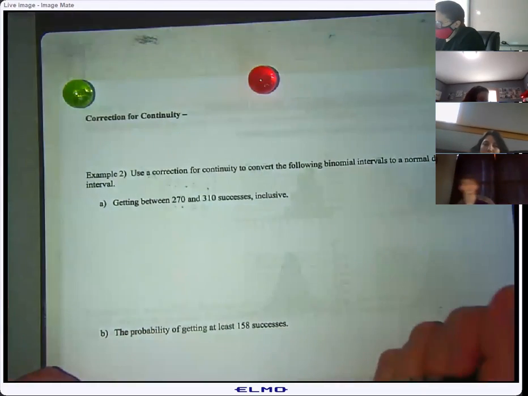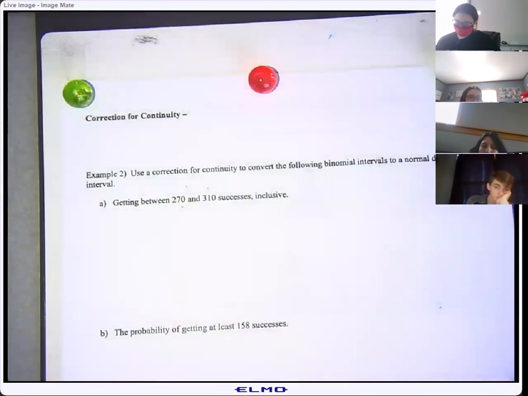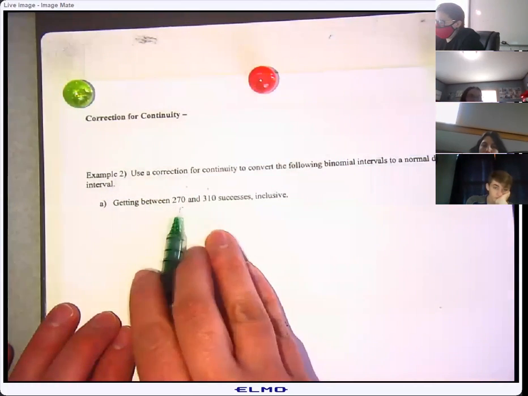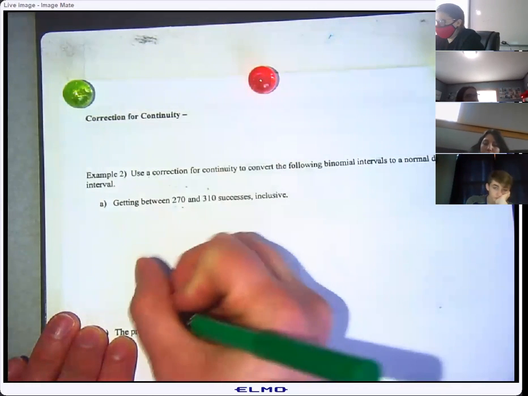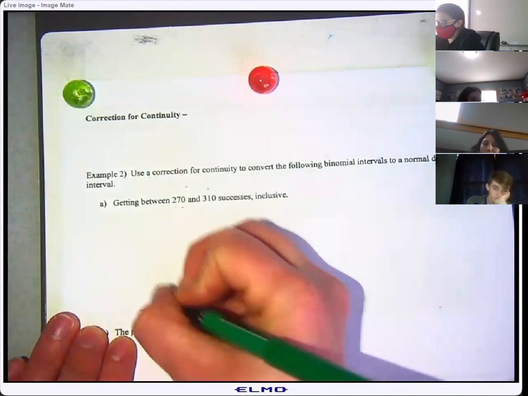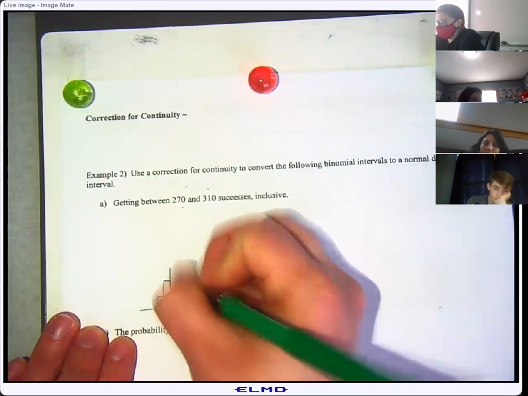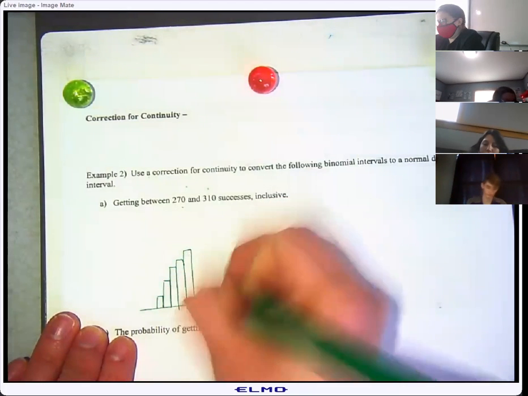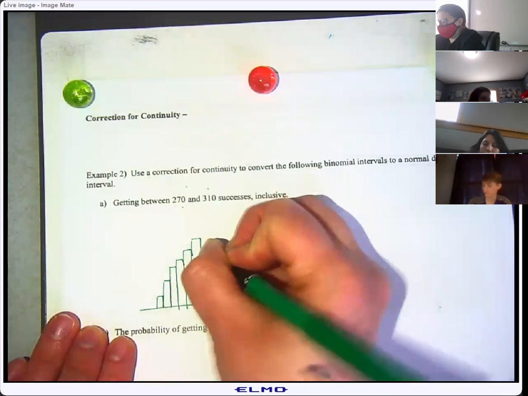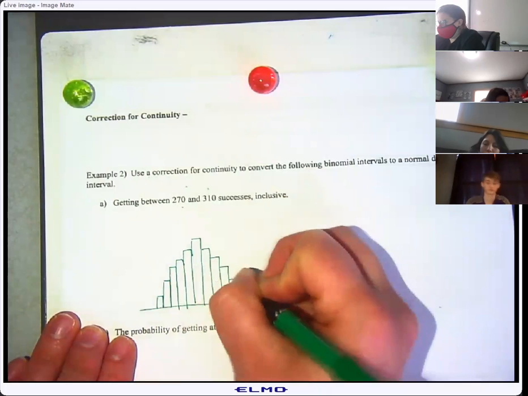So we are going to draw a picture of this between 270 and 310 successes. But instead of drawing a normal binomial curve, I want you to draw a whole bunch of bars going up and then going down. Make it about symmetric. It does not need to look perfect.